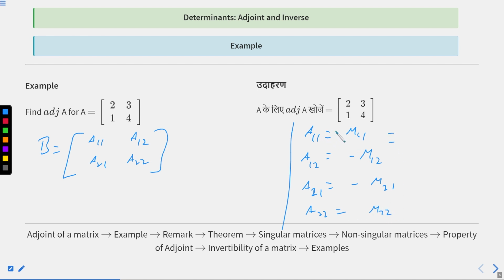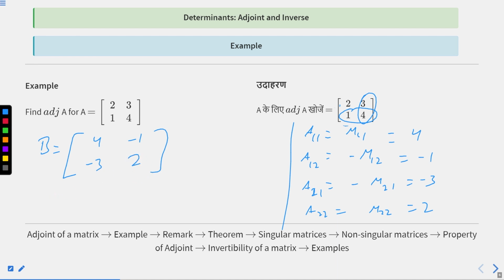For M11, eliminate first row, first column, and you are left with this. For M12, eliminate first row, second column, so minus 1. Eliminate second row, first column, so it will be minus 3. Eliminate second row, second column, so 2. So the cofactor matrix B will be 4, minus 1, minus 3, and 2.